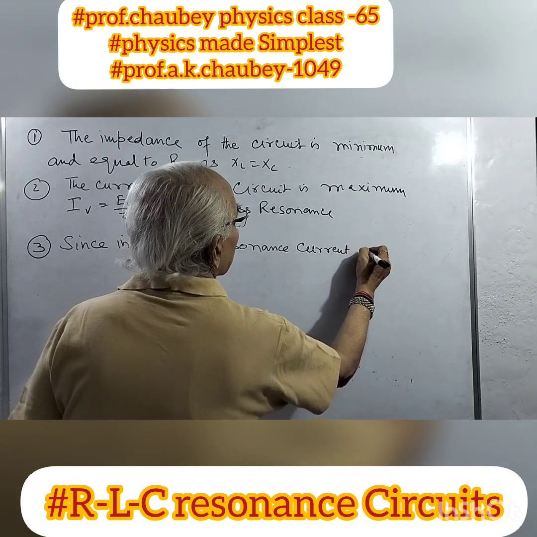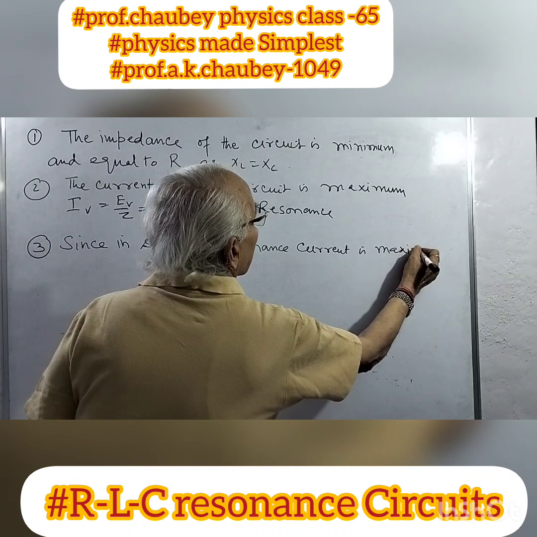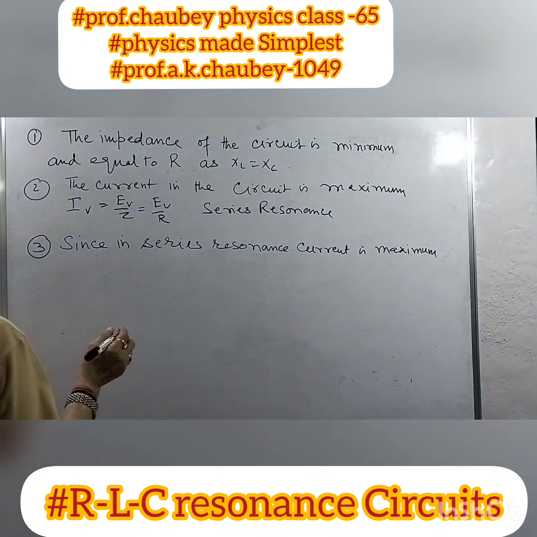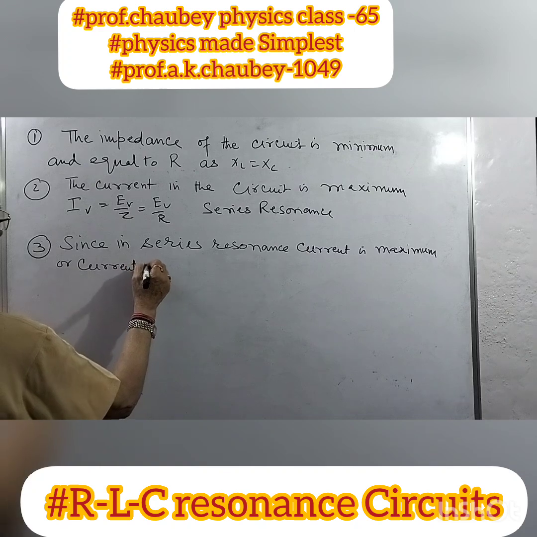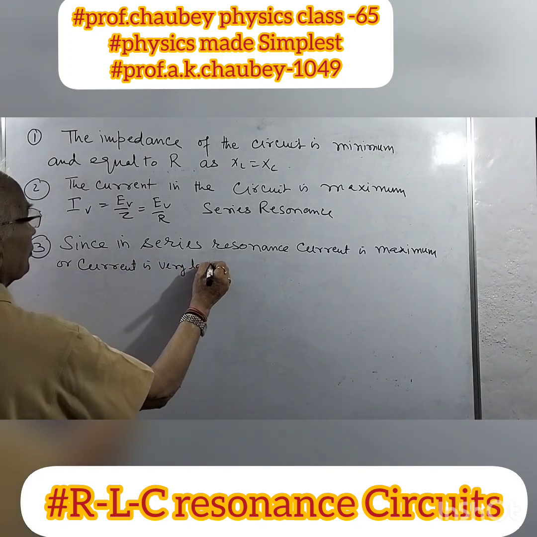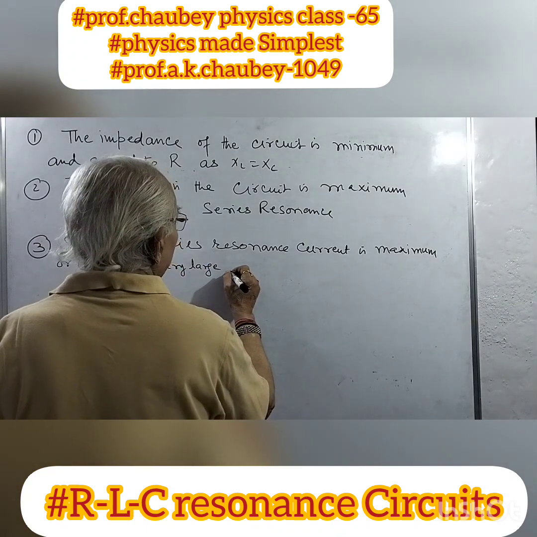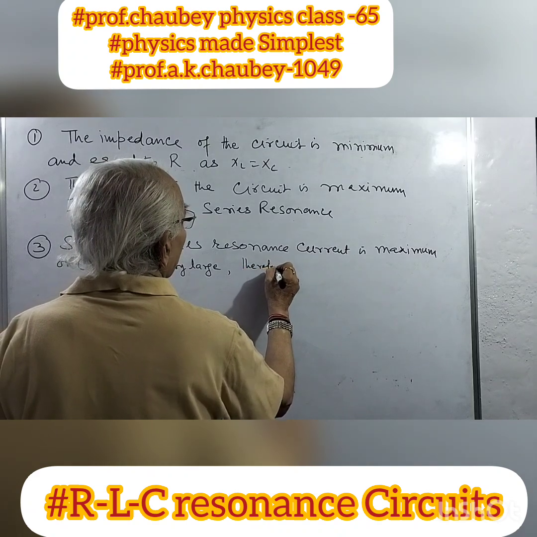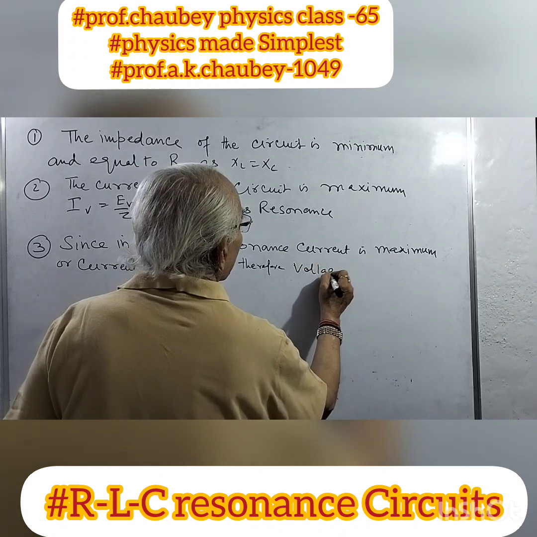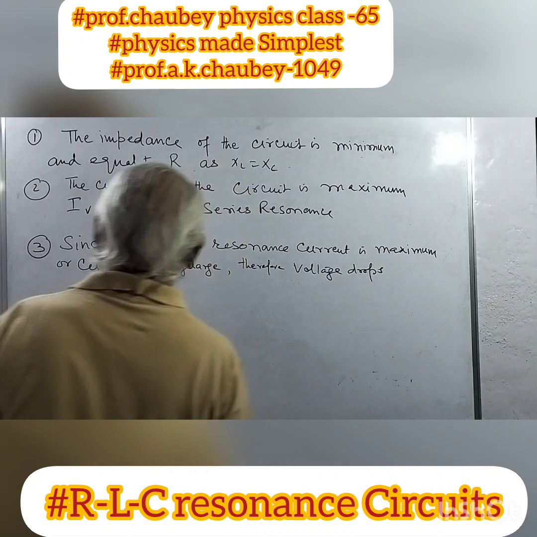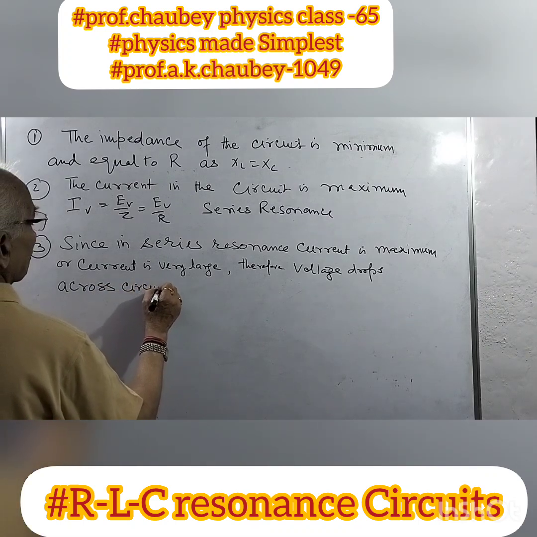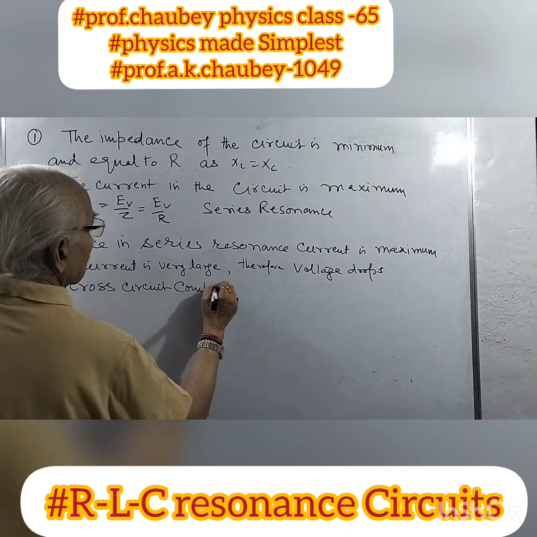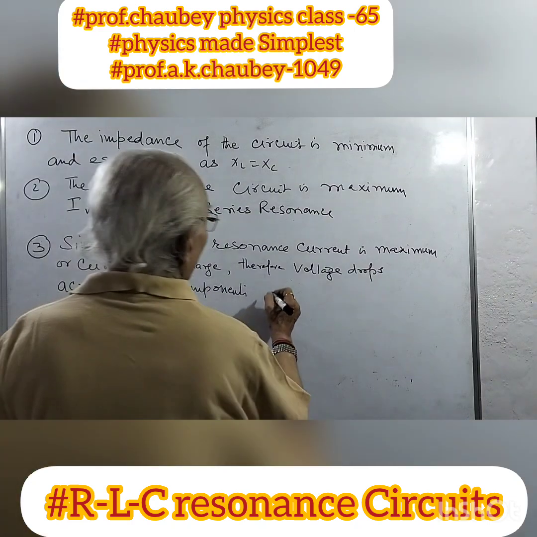current is maximum, since the impedance of the circuit is very small and the current is very large, the voltage drops across the circuit components are also large.